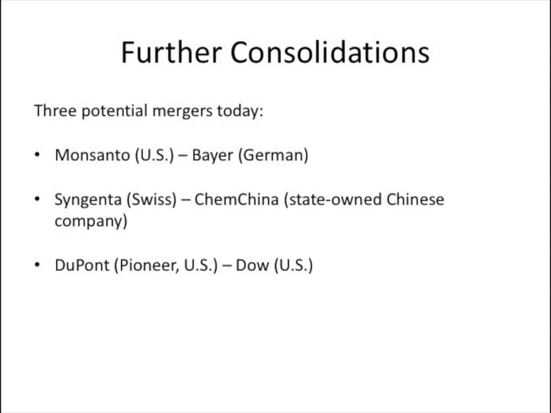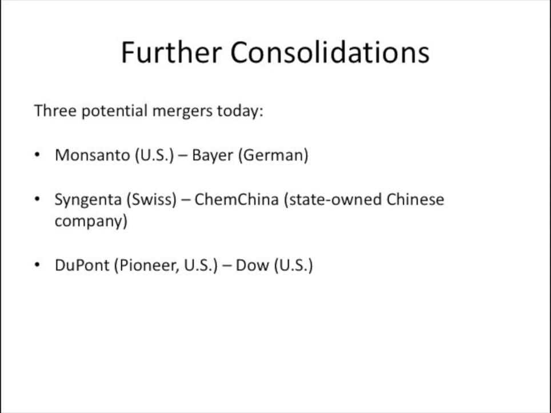First, Monsanto, a U.S. company, perhaps the most aggressive in the biotech area, owns many more companies than a lot of the others. And Bayer is a German company, really not much of a player in the corn seed market, but a big conservative company, again located in Germany.